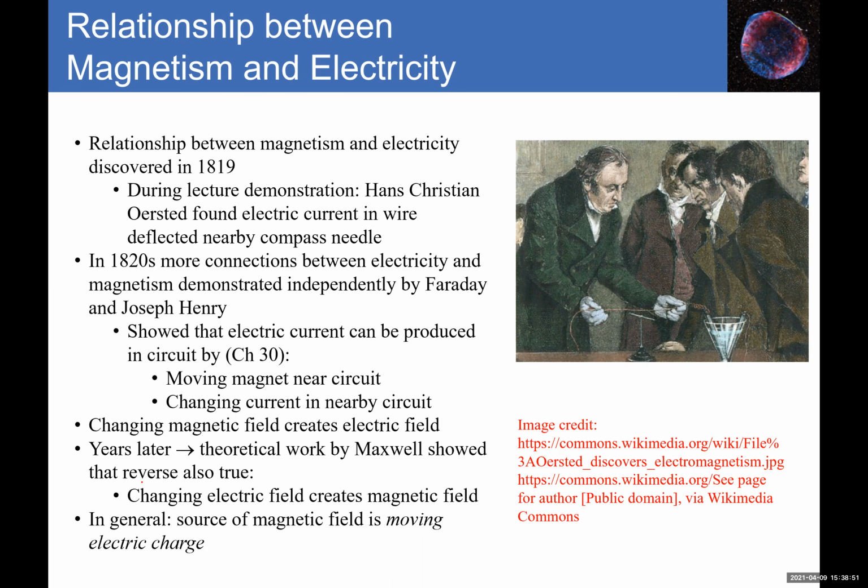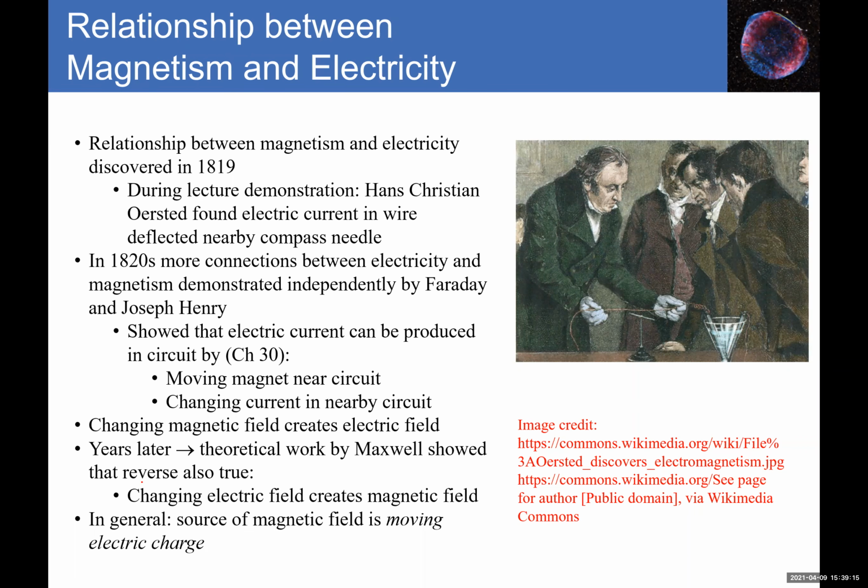And just like with any experiment or concept, eventually we can find a link between them. Here we were able to find a link between electricity and magnetism, and it was again done by accident, like a lot of times in experimental sciences.